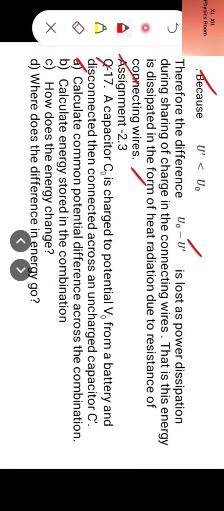B. Calculate energy stored in the combination. C. How does this energy change? D. Where does the difference in energy go? So these are 4 questions you have to answer in this situation.